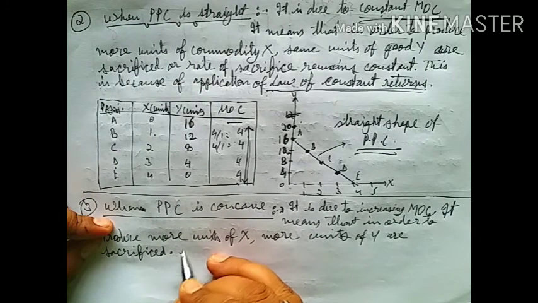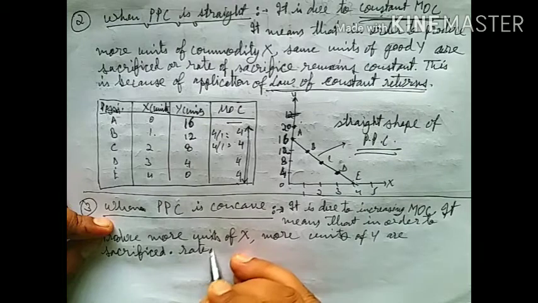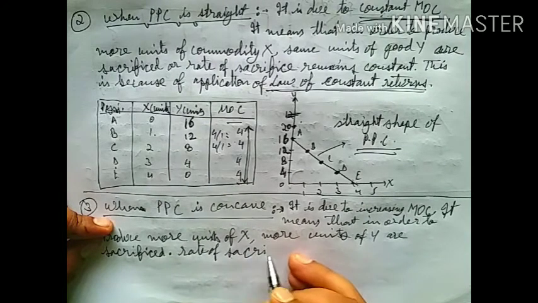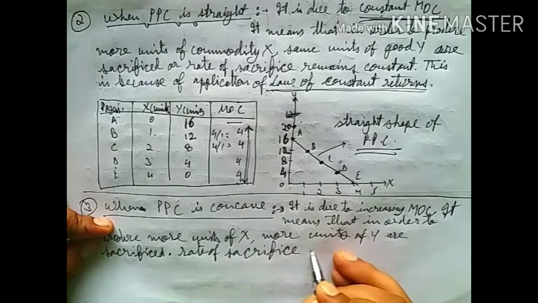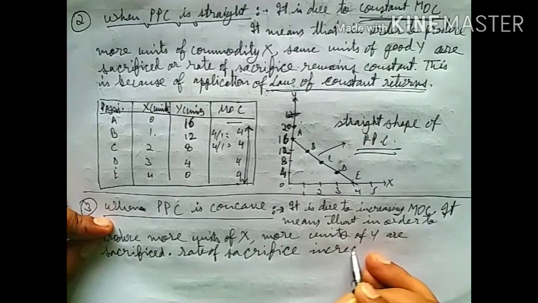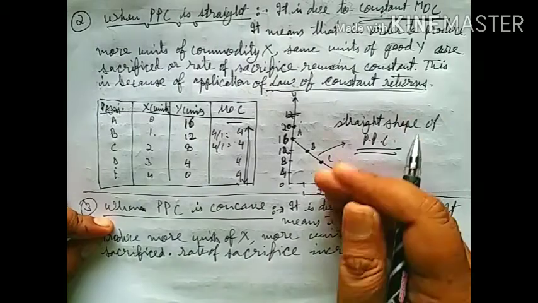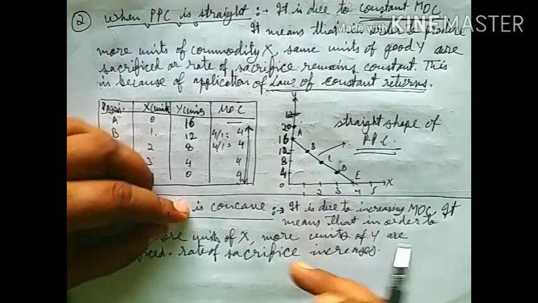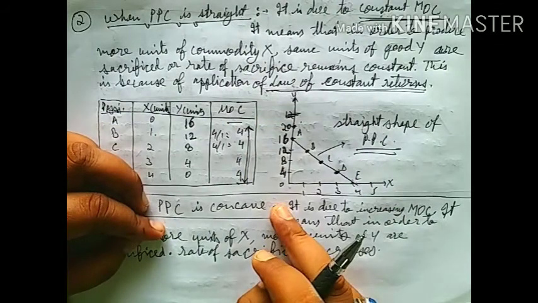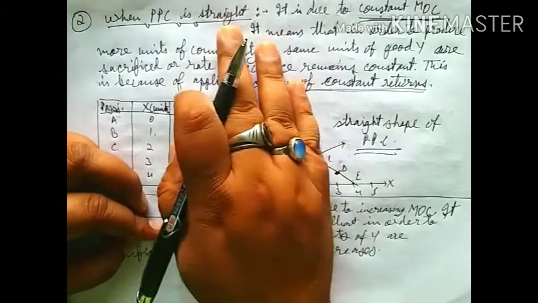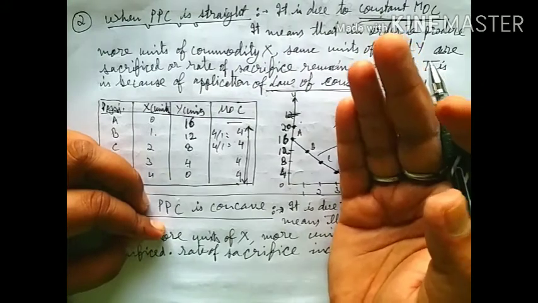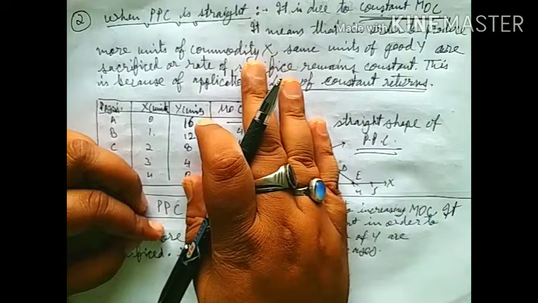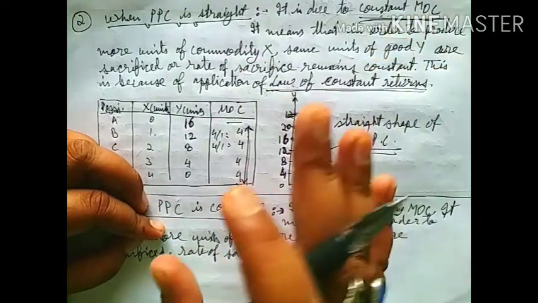Or we can say the rate of sacrifice increases. In practical life, or we can say practically, all these three possibilities, concave, straight and then convex, means decreasing MOC, constant MOC and the increasing MOC are possible.